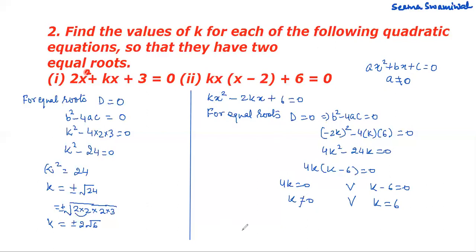K cannot be equal to 0, as the equation will not be a quadratic equation. So we cannot take k is equal to 0 because k is taking the place of a. Therefore, the only option left to you is the value of k is equal to 6.